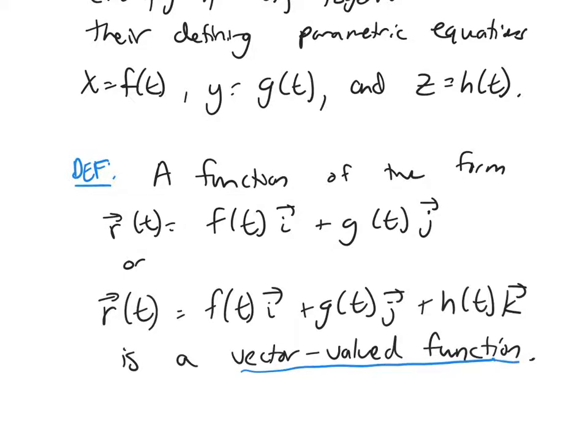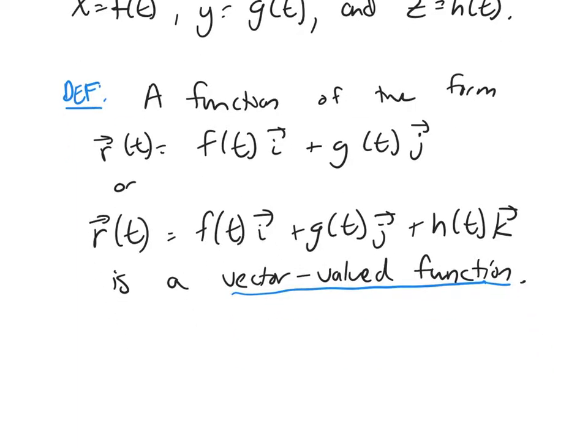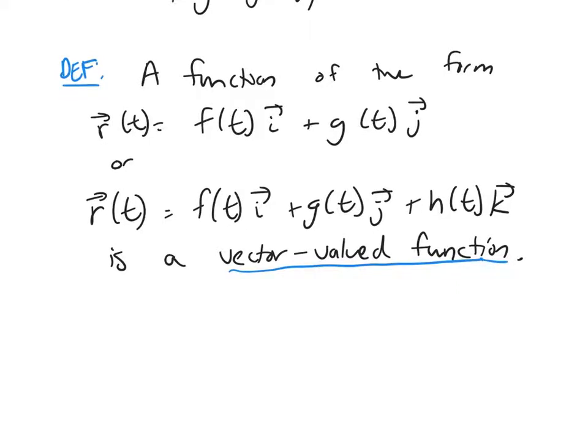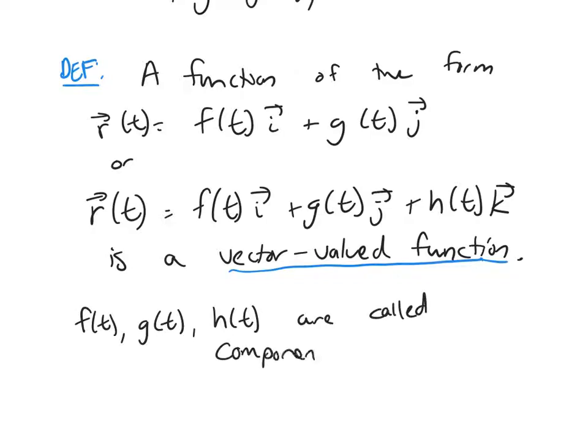So you input a value for t, and this function outputs a vector. And so we call these functions f of t, g of t, and h of t component functions. These are just regular functions.